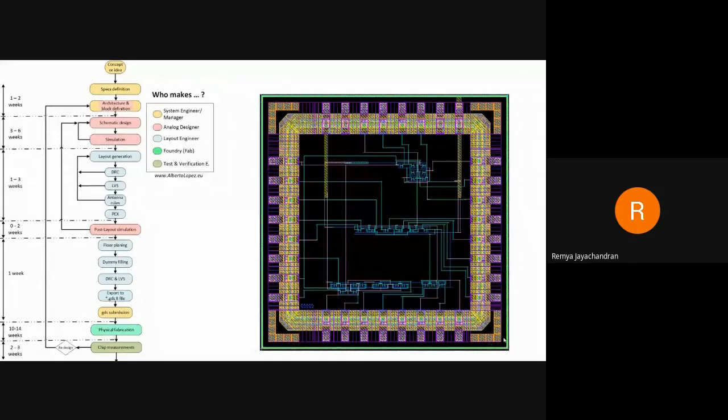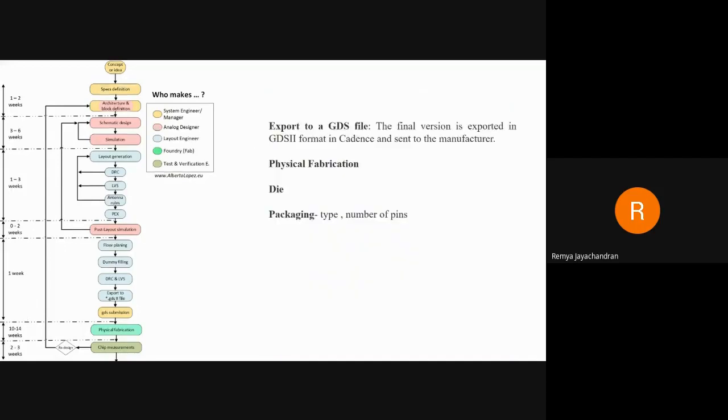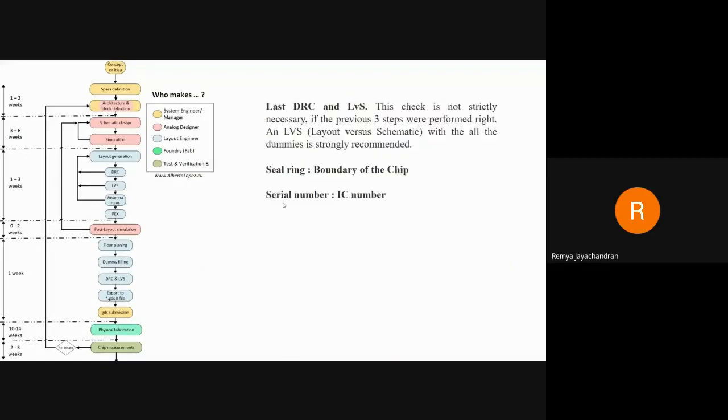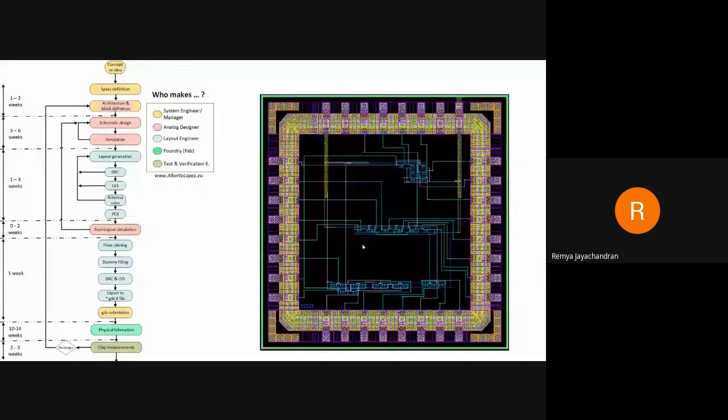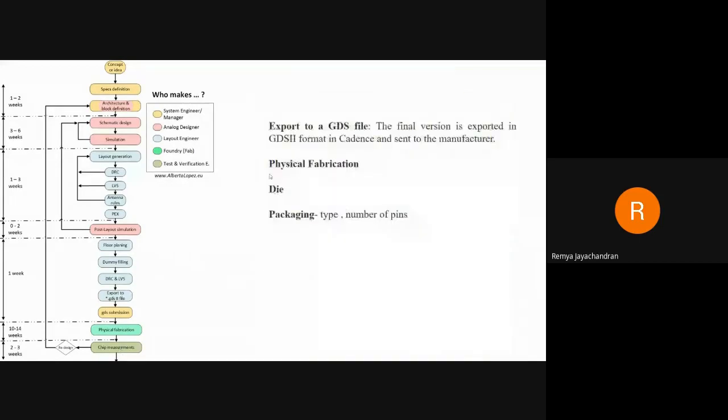After the fabrication, you cut by dicing, and you will get the die from the wafer. Before this, you can insert the serial number, that is the IC number, inside this layout. That indicates that this is your die. And then go for the physical fabrication.